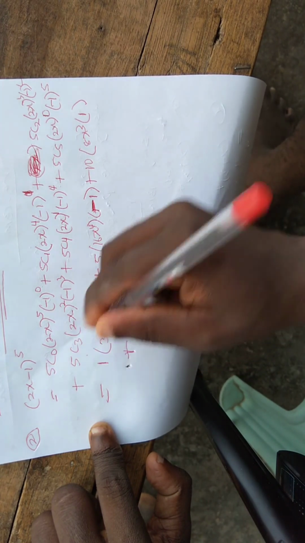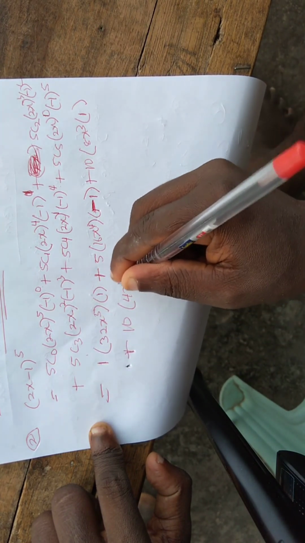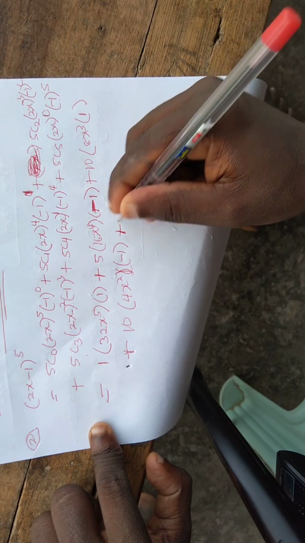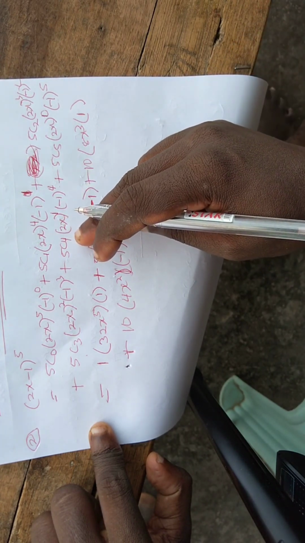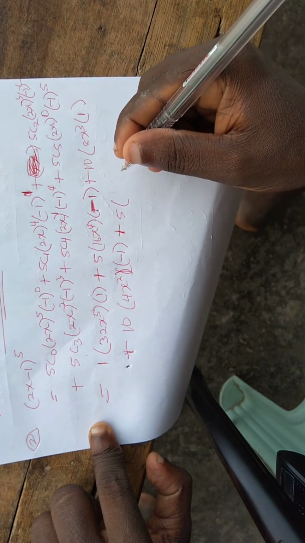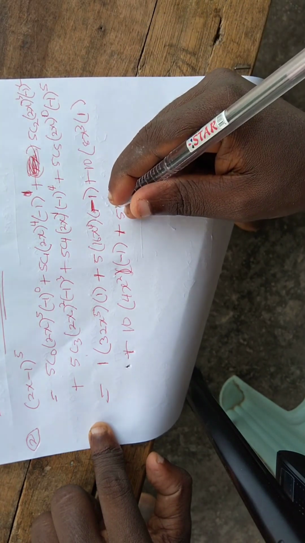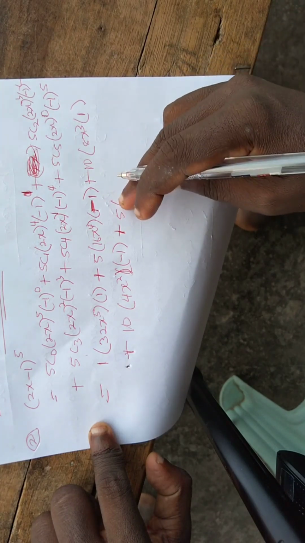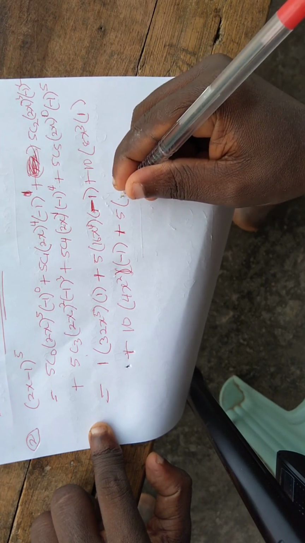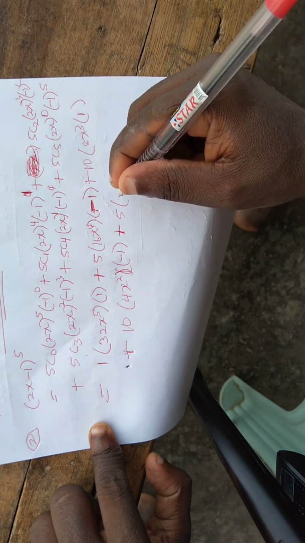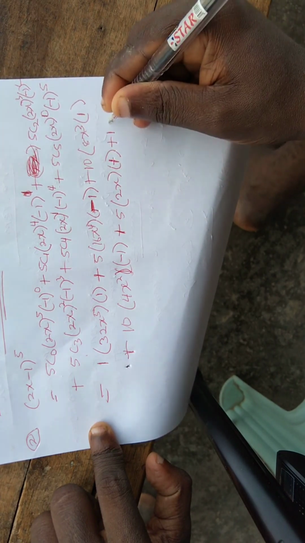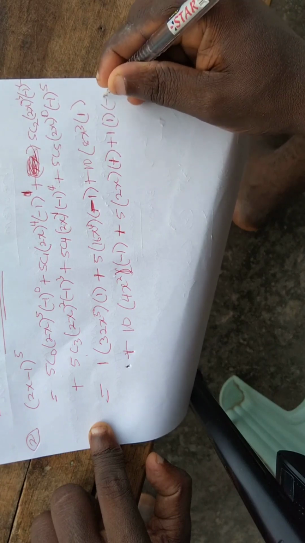Plus 5 combination 3 will give you 10, 4x squared, times minus 1 cubed. Plus 5 combination 4 will give you 5, so 5 into 2x, times minus 1 to the power 4. Plus 1 into minus 1.